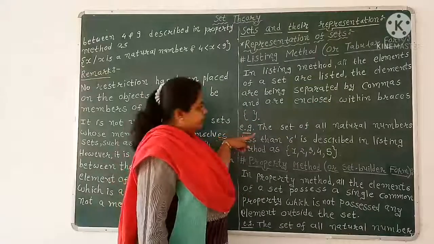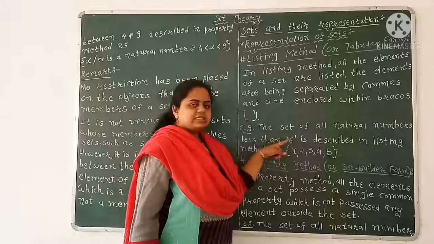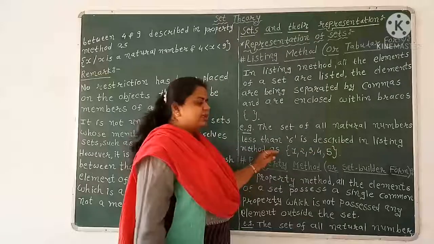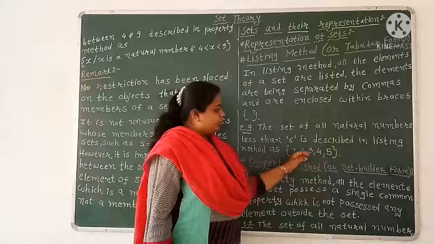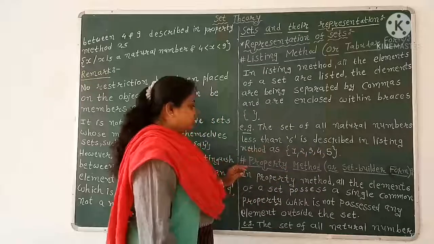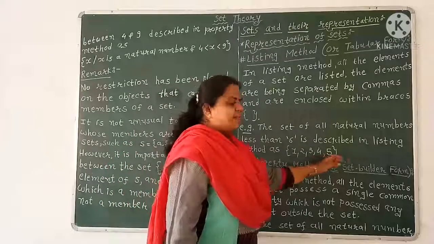For example, the set of all natural numbers less than 6 is described in the listing method as {1, 2, 3, 4, 5}. Method second, the property method or set builder form.